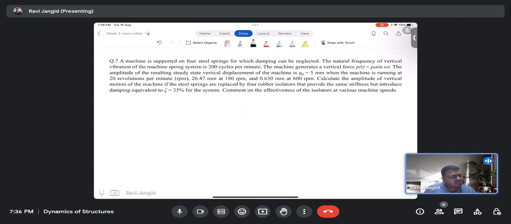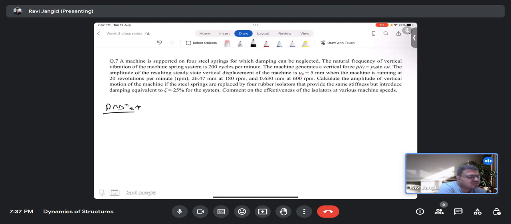So let us go to the last problem. A machine is supported on a four-wheel spring of which damping can be neglected. So we have a machine supported on a spring, and the damping is zero.